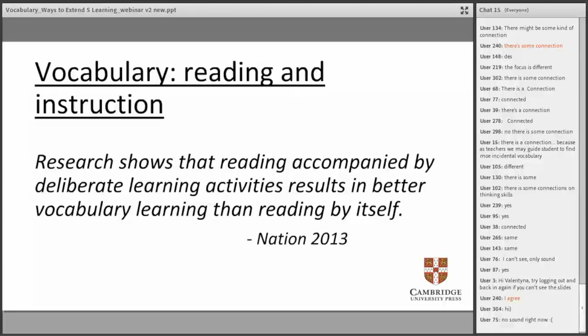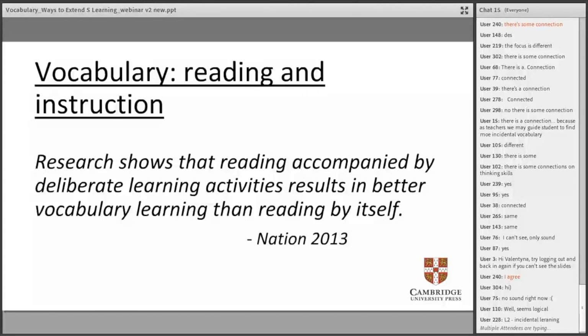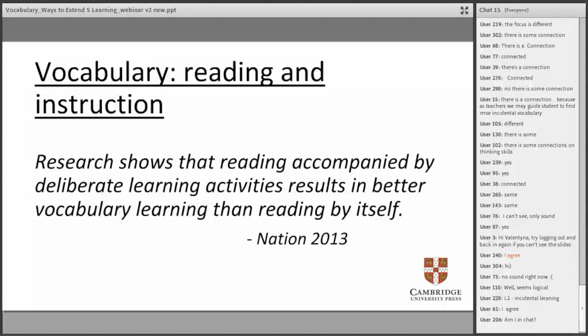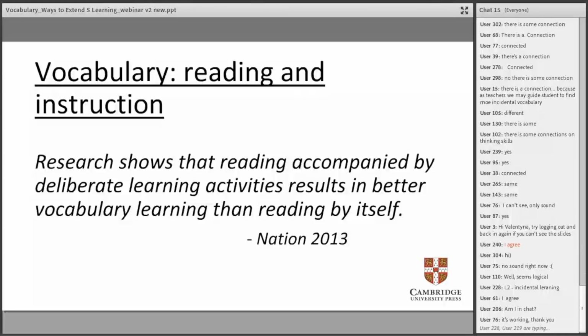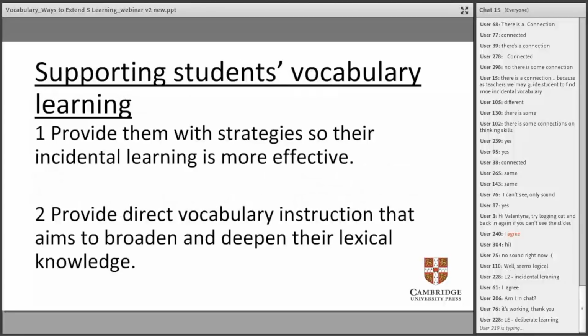So in effect they almost hand over that responsibility and say, well, you can read, you can study words. This is something that you can do through independent learning. So what Paul Nation is saying here is that is true, but if it's supported by learning activities that help that process, it will be more effective.